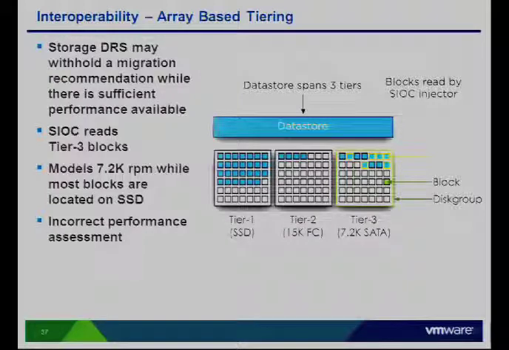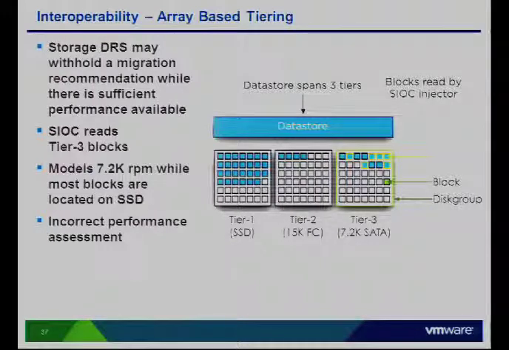It uses that model when it needs to place a virtual machine, so high I/O load virtual machines won't be placed on it because it's not a perfect match. Now in reality, as you see with the blue blocks, most blocks of that datastore are backed by SSD. So our device modeling is completely off.